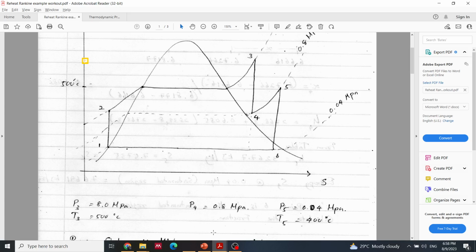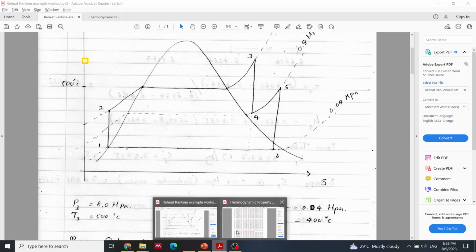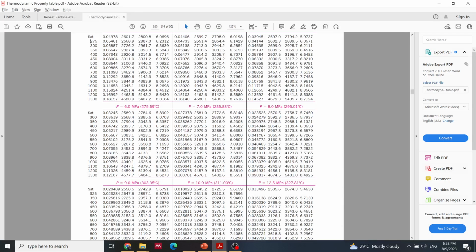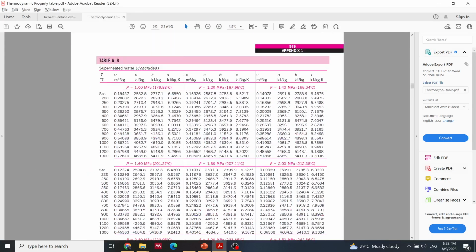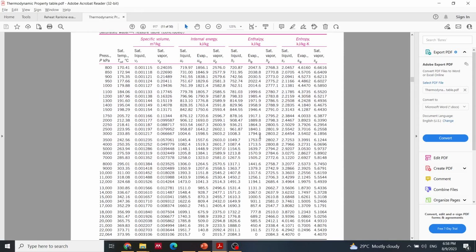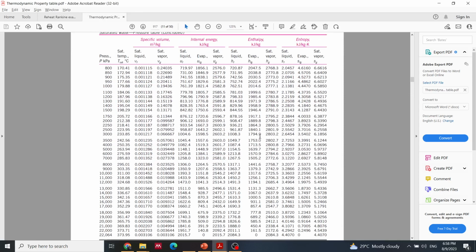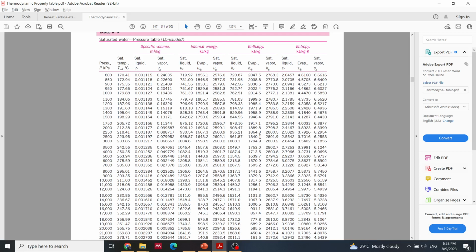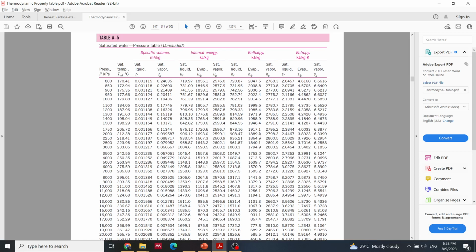Now if we go back to the saturated tables, we are interested in 0.8 megapascal, which means 800 kilopascal. If you look here, the saturated SG at 0.8 megapascal is 6.6616.